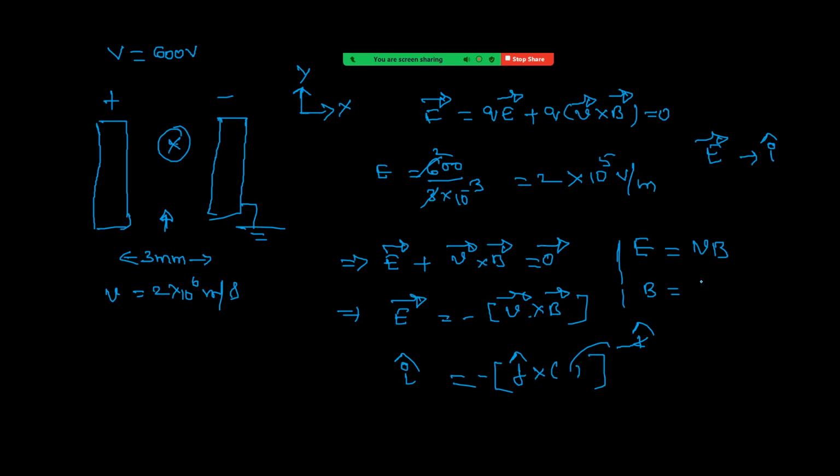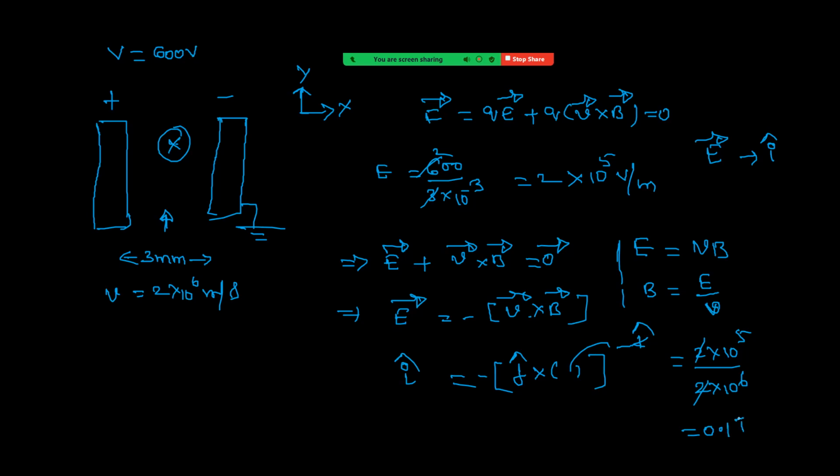B equals E by V. I hope you can make the calculation by substituting the values. E is 2 × 10^5, velocity is given as 2 × 10^6. So the 2 gets cancelled. It is 10^-1, meaning 0.1 Tesla.